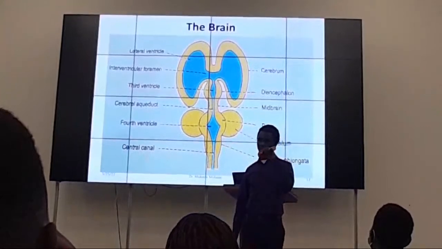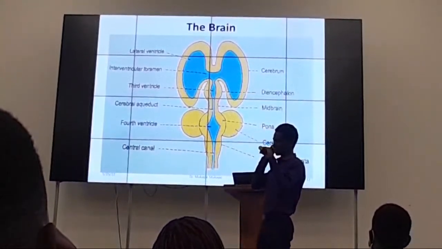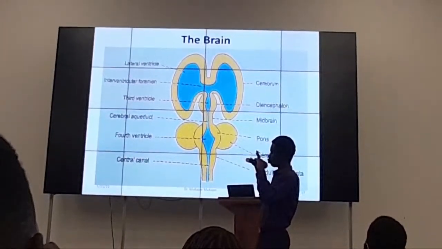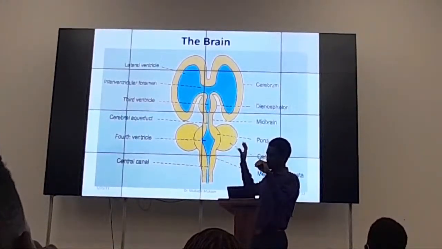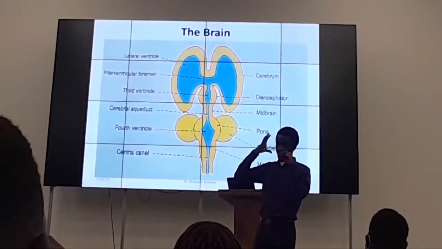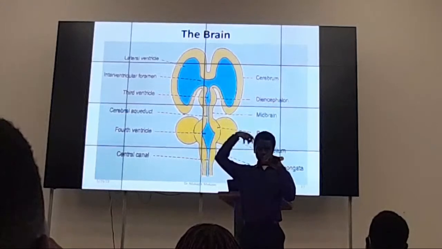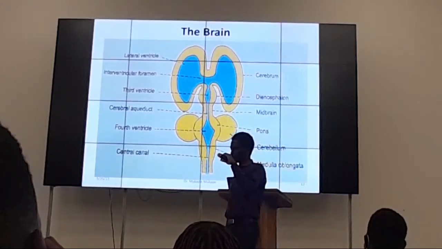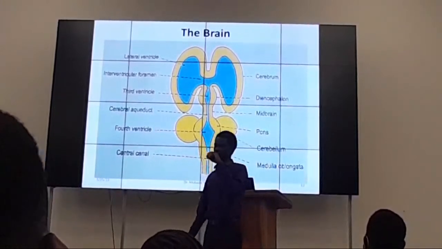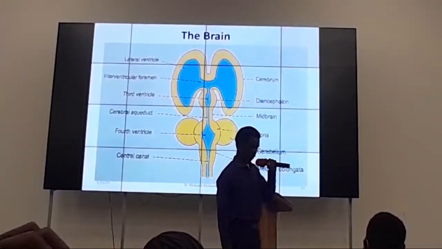If the fontanelles are not yet closed and the sutures are not yet fused, the skull will allow expansion of the brain. And so you find a child with hydrocephalus with an enlarged head, because there is accumulation of CSF in the ventricular system.